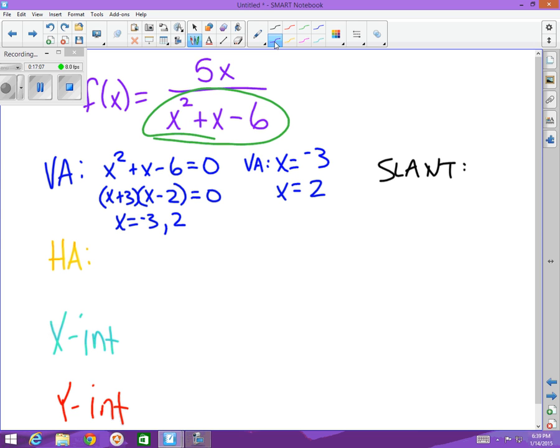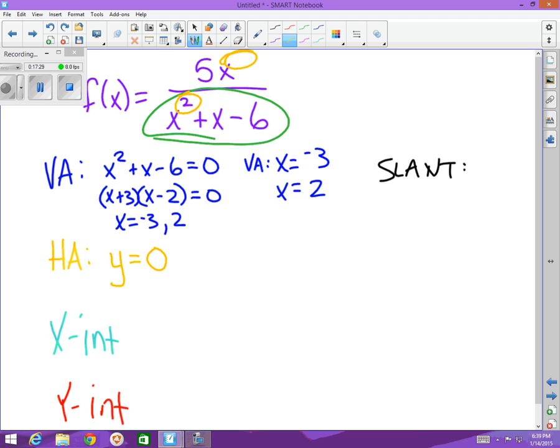Find the horizontal asymptote. Remember, you have to look at the degree of the function. This and that. Since the top degree is smaller, it is that.